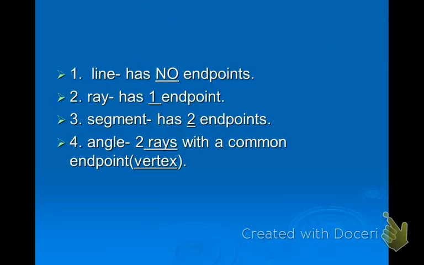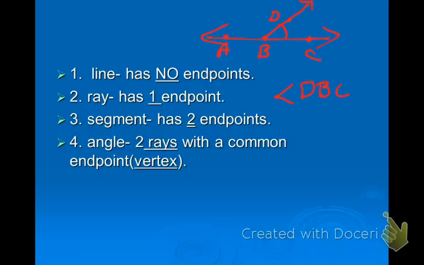An angle is 2 rays with a common endpoint, and that common endpoint is called the vertex point. So if we have this, and again, you need to remember I'm just labeling certain points here. There are many other points on these lines, or an infinite number of points. So when you do name an angle, you name it with the symbol, a picture of an angle, and the vertex point goes in the middle, so I could name this angle DBC.